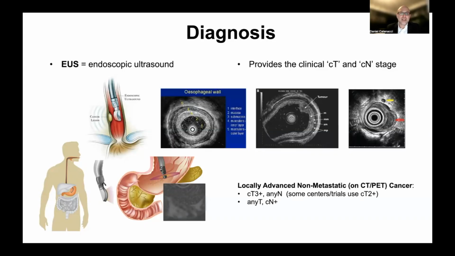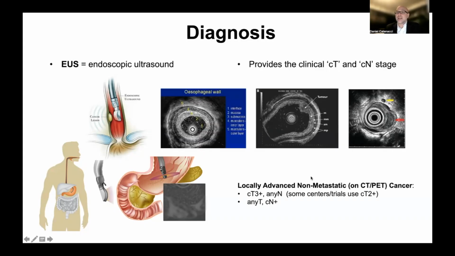So the next terminology that one needs to understand is that we talk about a localized primary tumor or a locally advanced primary tumor. A localized primary tumor would be very early stage, like a T1, and in my view, a T2.